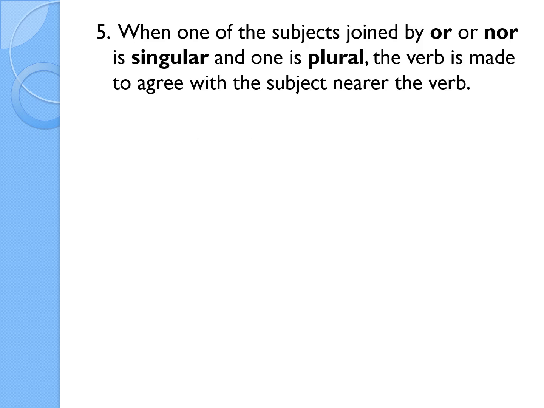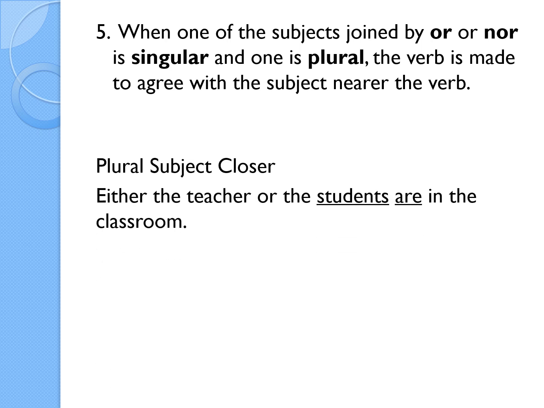Number five rule: when one of the subjects joined by or or nor is singular and one is plural, the verb is made to agree with the subject nearer the verb. Example: either the teacher or the students are in the classroom. So we have here either, or, and we have two subjects mentioned, the teacher, a singular subject, and the students, a plural subject.